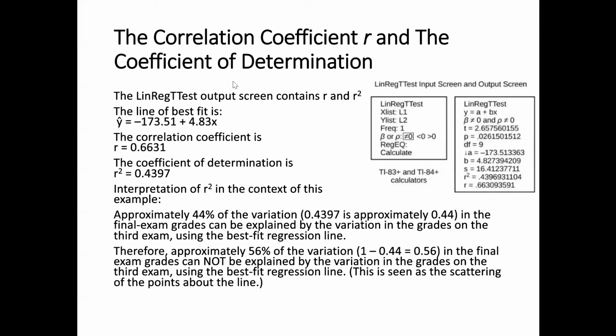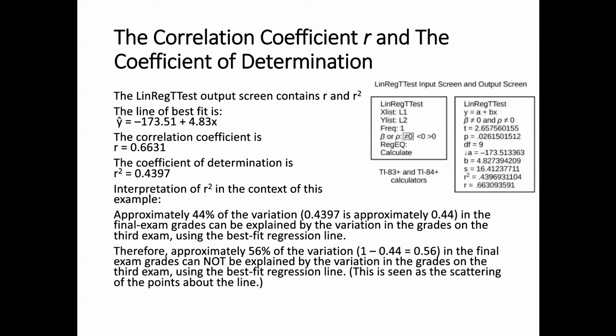So they give me in my information: a is the y-intercept, b is the slope, R is the correlation coefficient, 0.6631, and they give me the coefficient of determination, which is 0.4396.